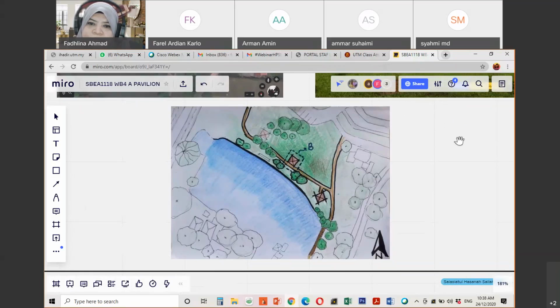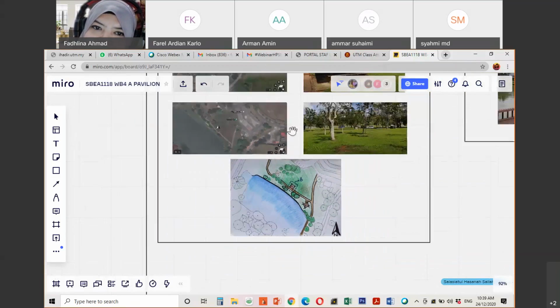And this is my sketch. Yes, that's all. I don't know how to deliver, how to present the north point actually.